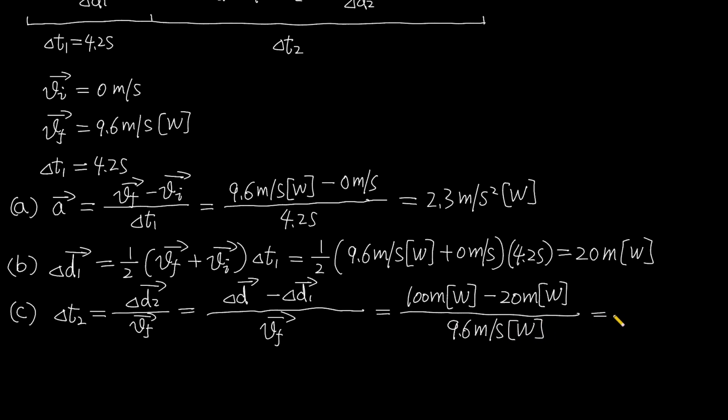And this equals 8.3 seconds. Then the total time equals the time interval 1 plus time interval 2, which is 4.2 seconds plus 8.3 seconds, and this equals 13 seconds.